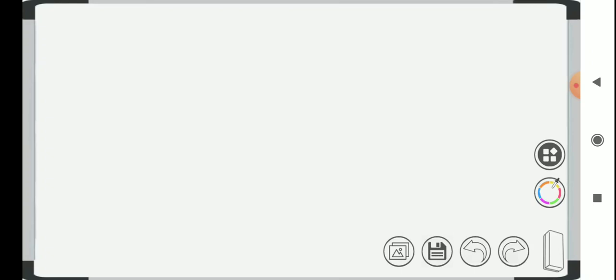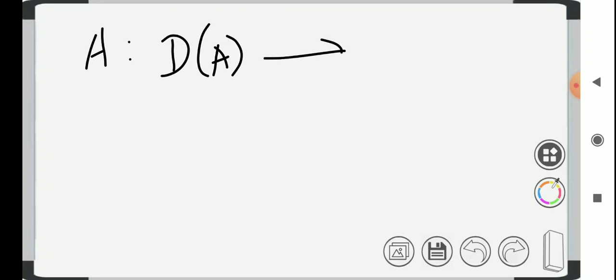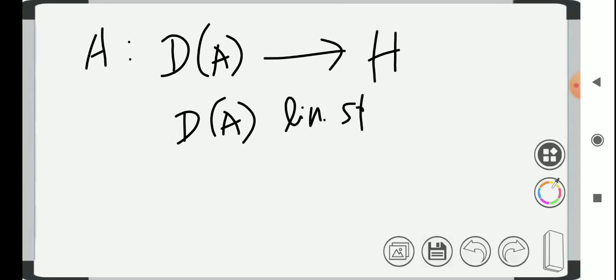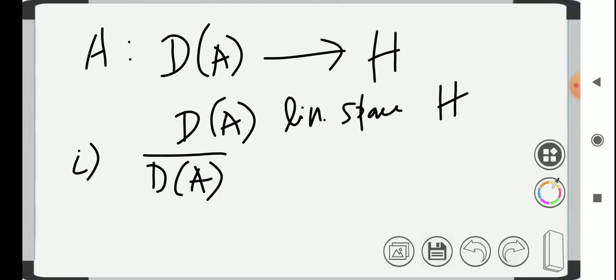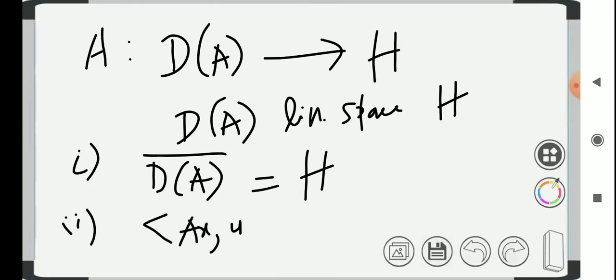A symmetric operator A is simply a linear operator from its domain D of A into the Hilbert space H, while D of A is simply a linear subspace of H. First condition is that D of A should be dense in H, that is, its closure must be the whole of H. And the second condition is that the inner product of Ax with y should not change if we jump from the first variable into the second.